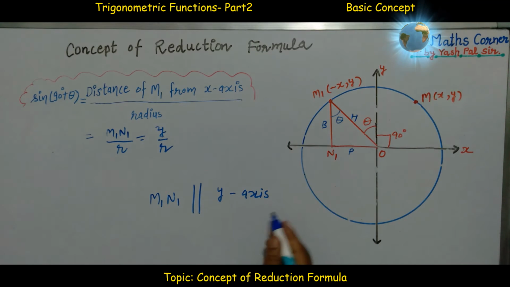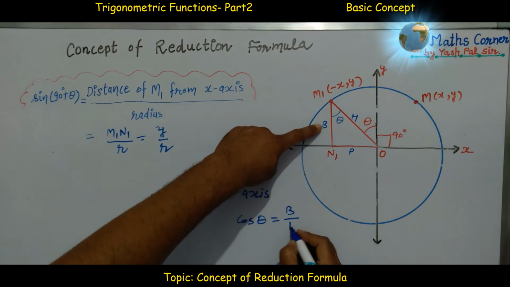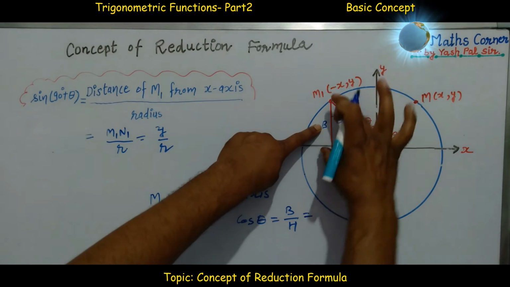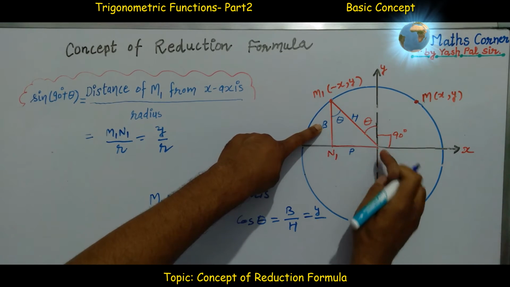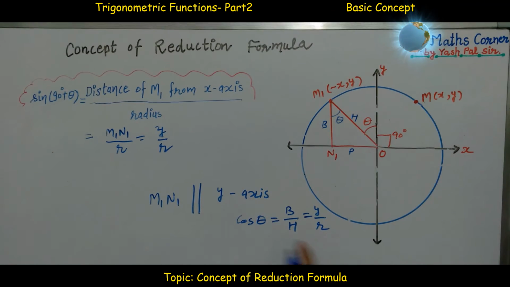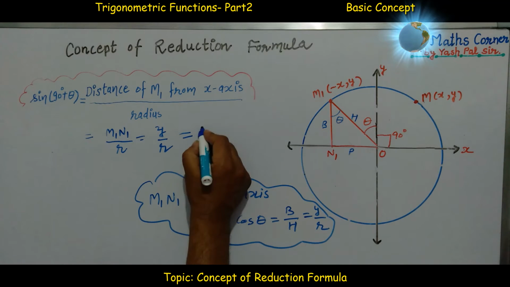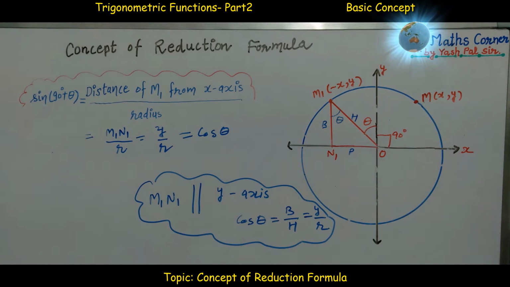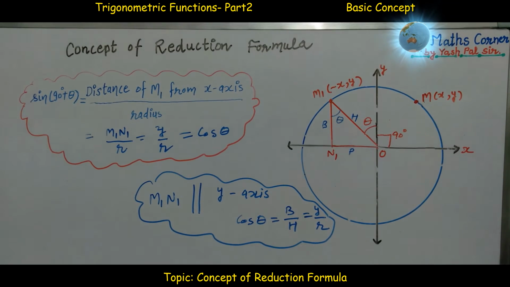Then cos theta is equal to base upon hypotenuse. Base here is y, divided by hypotenuse, the radius of the circle, so y upon r. So this value is cos theta. The conclusion is sine 90 degree plus theta value is cos theta.